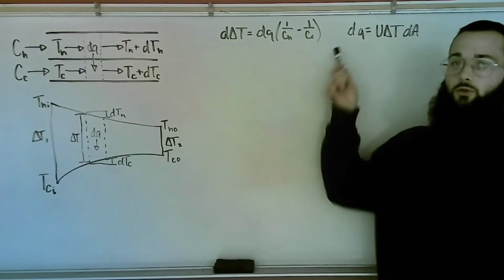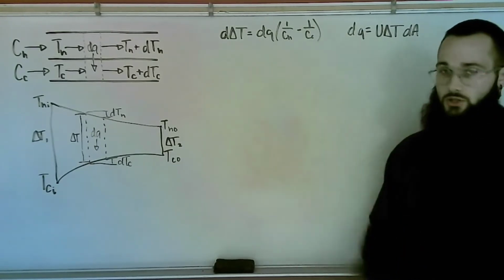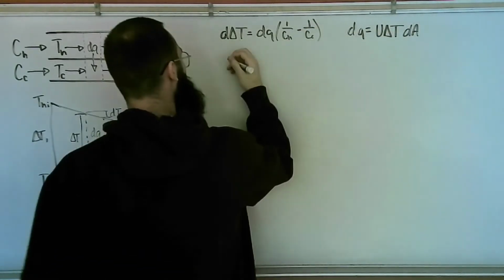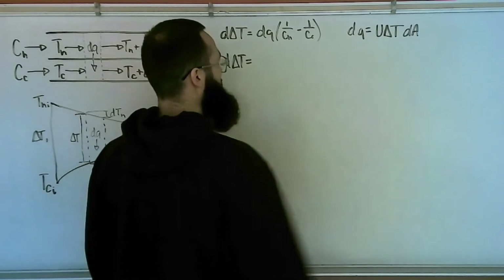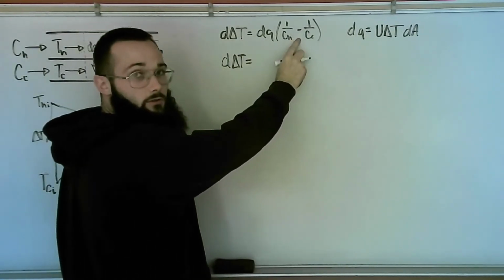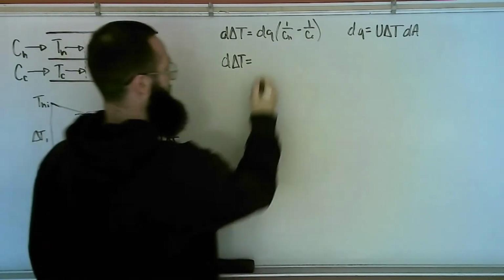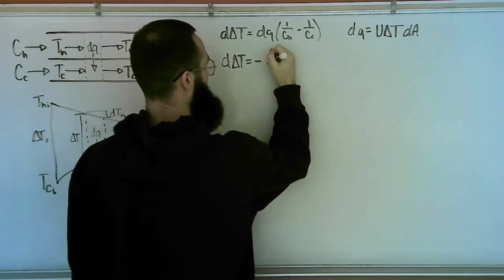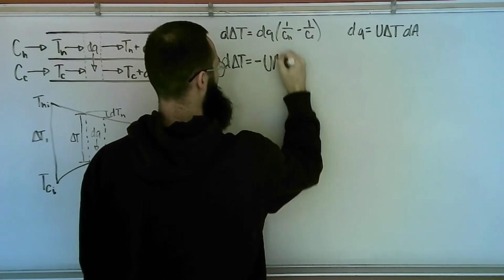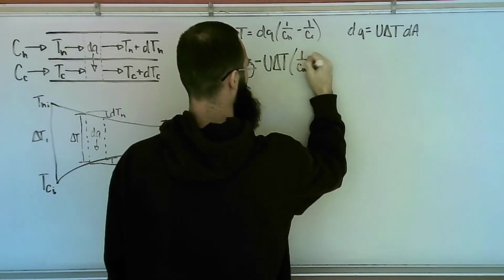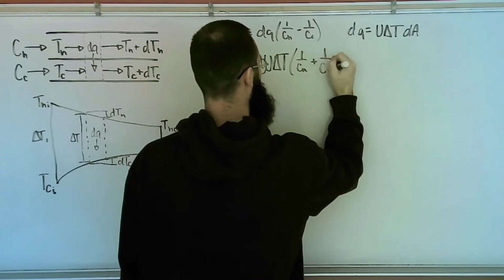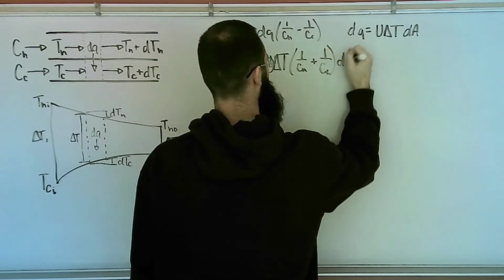So now that we've derived these two equations, you see we have a dQ in each, and so we can combine. So that leaves us with d delta T is equal to, I'm actually going to take out this negative from the 1 over CH minus 1 over CC. So the negative is going to come out front. That's going to be U delta T, 1 over CH plus 1 over CC, dA.